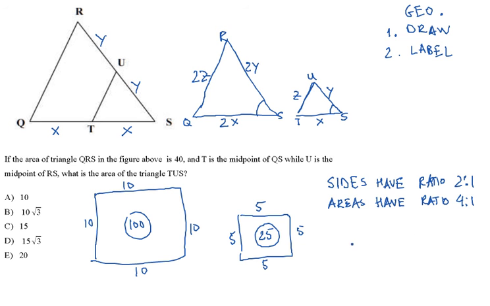This generally holds. The general rule is that if sides have a ratio of x to 1, the areas have a ratio of x squared to 1, meaning the ratio of the sides squared is the ratio of the areas.